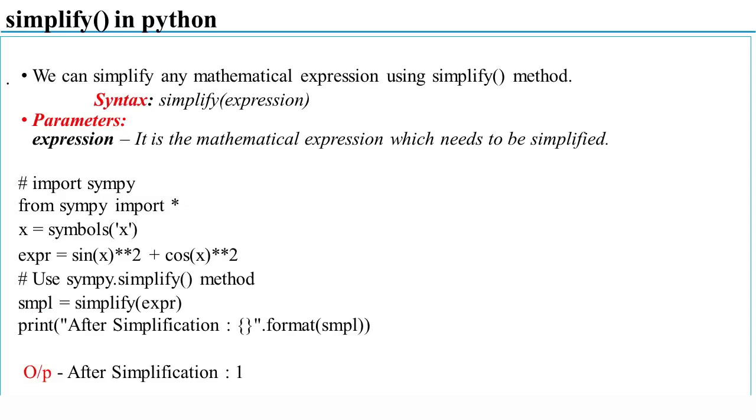Simplify in Python. We can simplify any mathematical expression using the simplify method. Here the expression to be simplified is sin square x plus cos square x. When you simplify this expression using the simplify method, it gives the result 1.